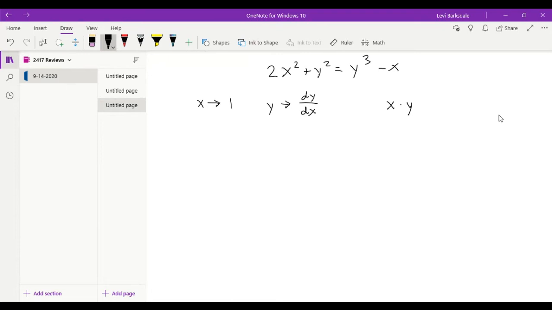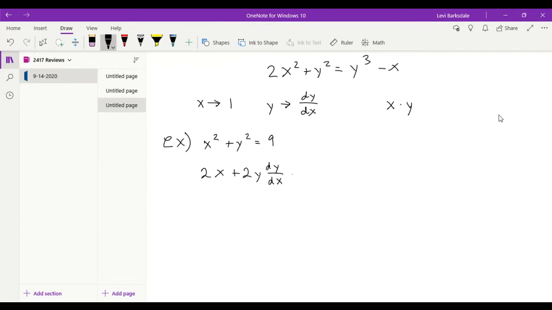And let's actually go ahead and do an example just because that makes things a lot more clear. For instance, if we had x squared plus y squared equals 9, then in order to take the derivative, we just treat every variable like it's a function. So the derivative of x squared is 2x, the derivative of y squared is 2y, but then our y's become dy dx's.